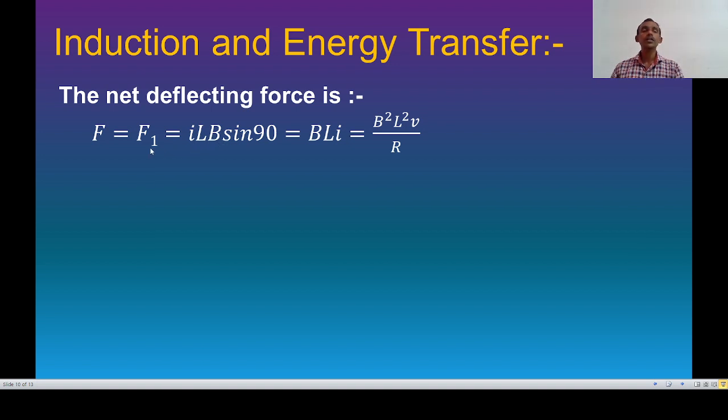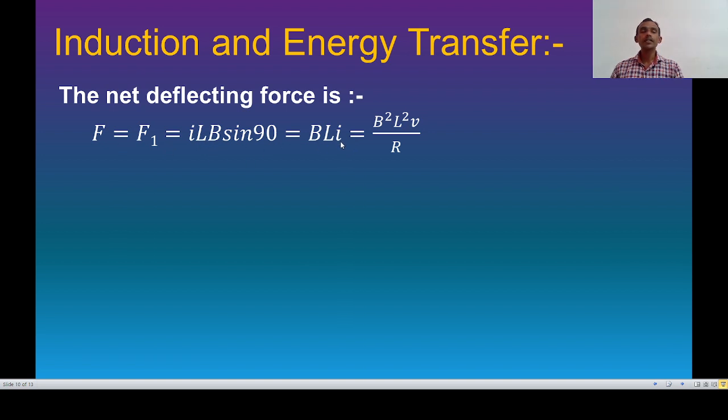We can calculate F1 is equal to ILB sine theta, and that much should be equal to the external force F. Here sine 90 degrees is equal to 1. Therefore, F1 is equal to F, that is equal to BLI. The deflecting force should be equal to BLI.